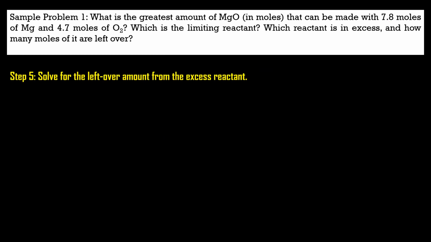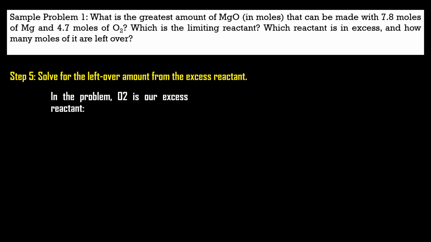For our last step, step number 5, we need to solve for the leftover amount from the excess reactant. The leftover is the amount of the reactant not used in the reaction. In the given problem, oxygen gas is the excess reactant.